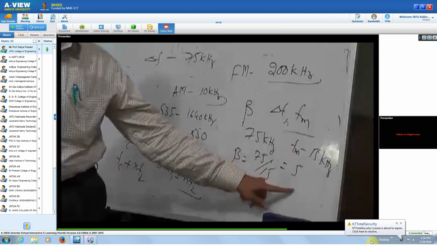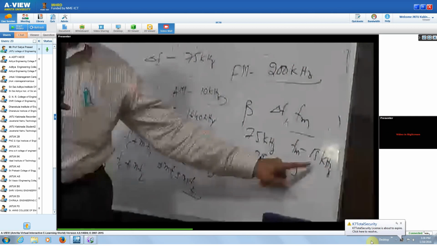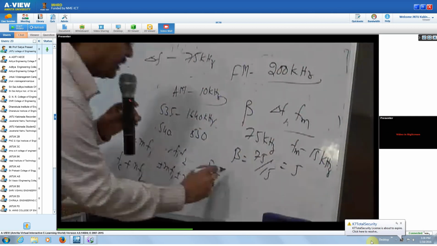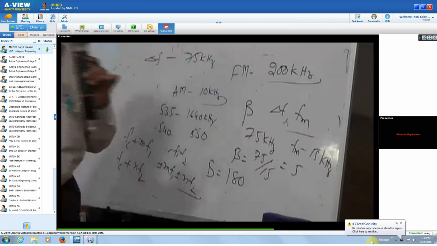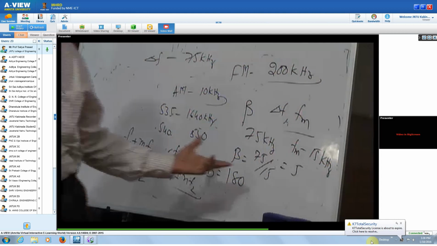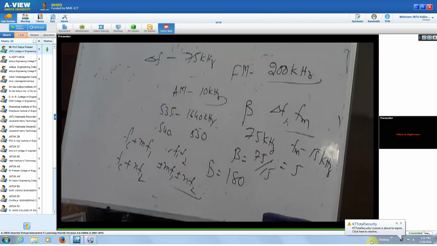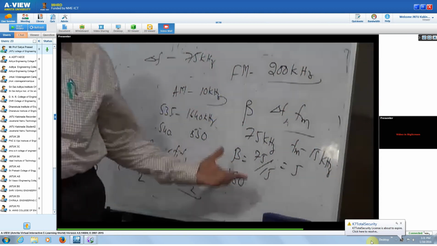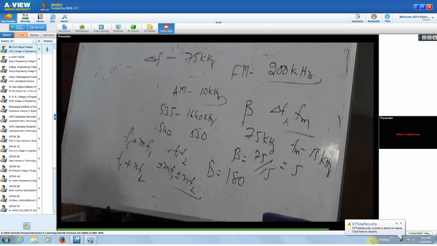So this is 6 into 15, that means you require 180 kilohertz. But typically the deviation that we are going to have requires guard band and other things. Therefore, typically you have to restrict this to 150 kilohertz.